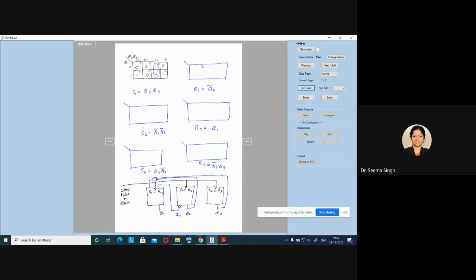Next, S2 is Q1 bar, Q3 bar. So you will take Q1 bar from here and Q3 bar from here, put them in an AND gate and put it into this S2. What is R2? R2 is Q1.